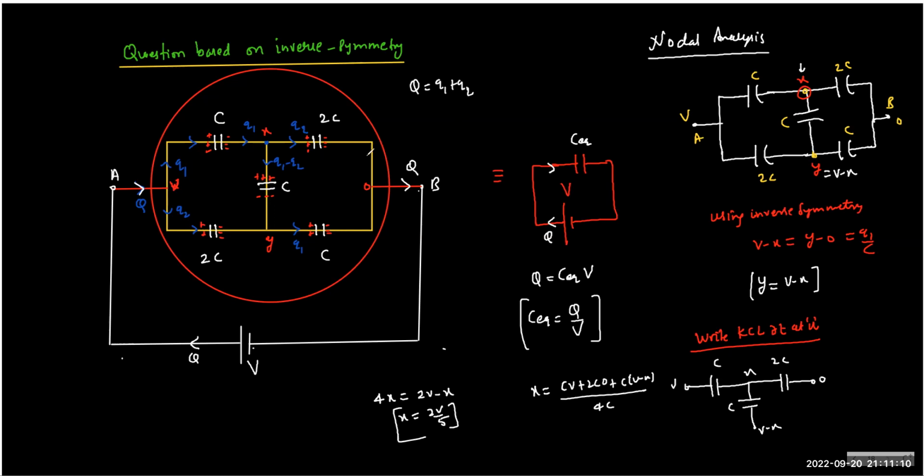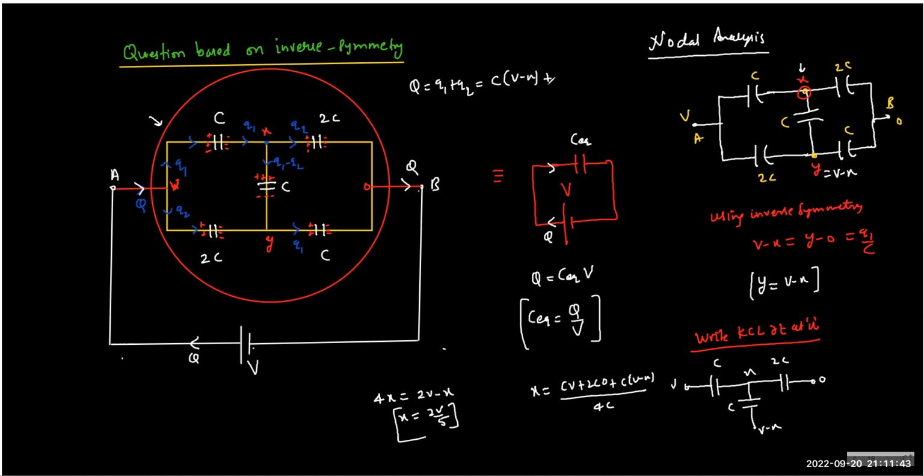And what is Q1? Can you find Q1? Q1 is the charge on the capacitor C. Using the CV formula, C into the potential difference, which is V minus X.